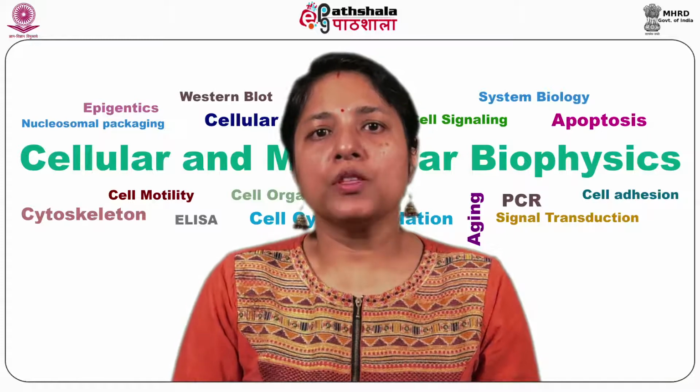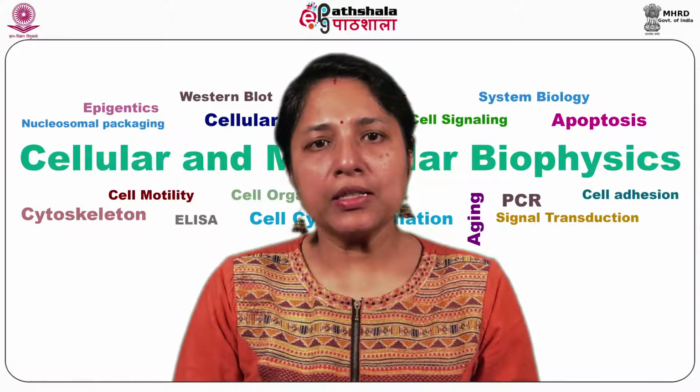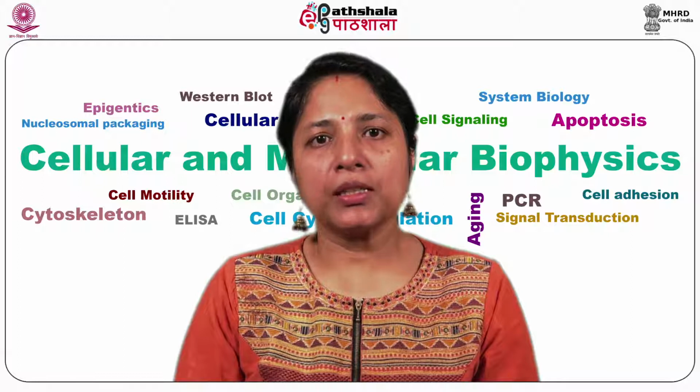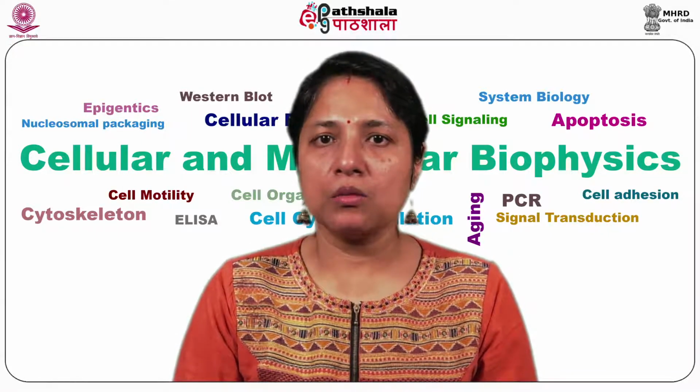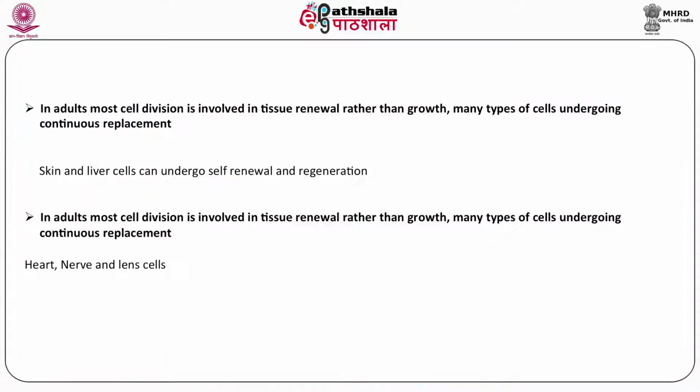Most tissues of the body grow by increasing their cell number, but this growth is highly regulated to maintain a balance between different tissues. In adults, most cell division is involved in tissue renewal rather than growth. Many types of cells undergo continuous replacement.